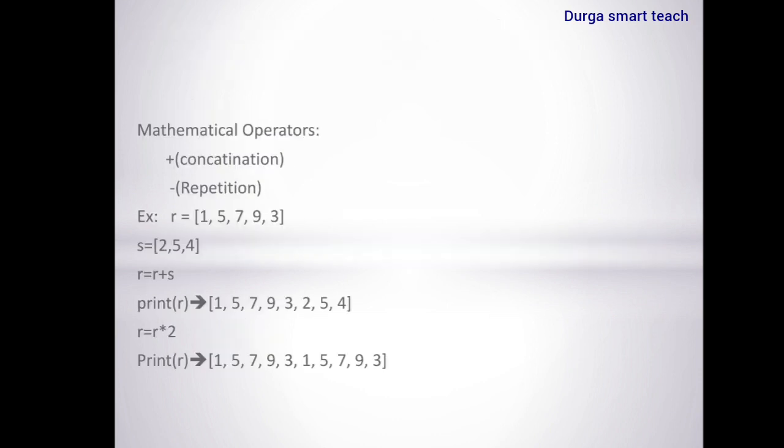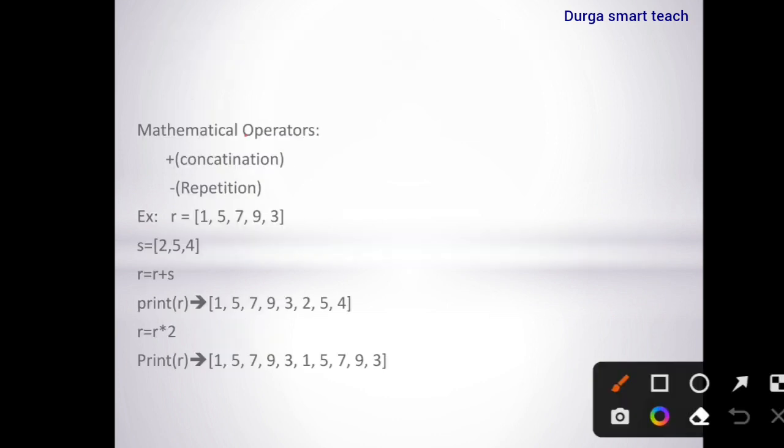Next one is mathematical operators. What is an operator? An operator is a symbol, any symbol which is used to perform an operation. Here the two operators are plus for concatenation of lists, and star for repetition of lists. Concatenation means combining. See this example. The first list contains 1, 5, 7, 9, 3, and the second list contains 2, 5, 4.